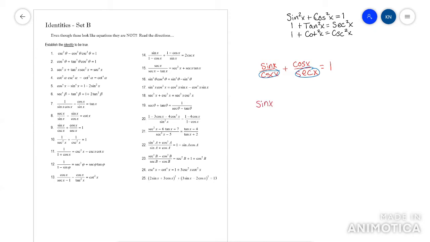So sine is still there, but now cosecant comes to the top of the fraction and becomes sine as well. And then same thing over here. The cosine doesn't change, but now secant comes to the top of the fraction and is cosine. And so really it's like you have sine squared plus cosine squared, which is rule 1. That's just equal to 1. So I'd be done there.